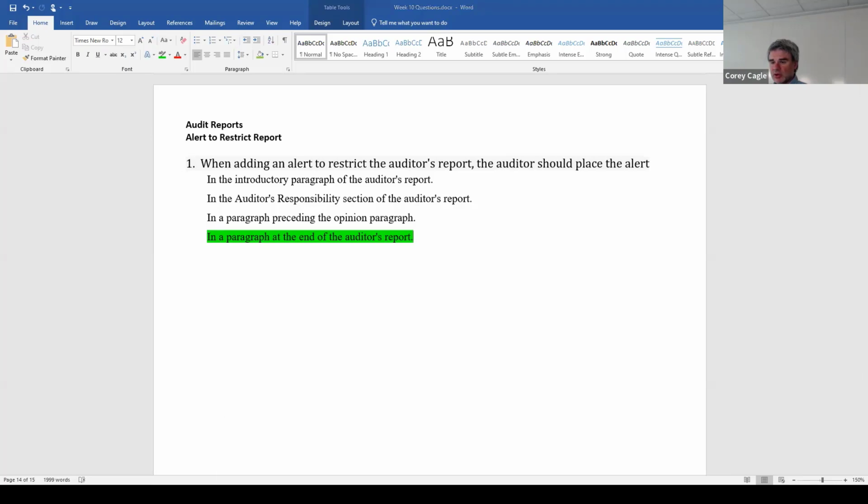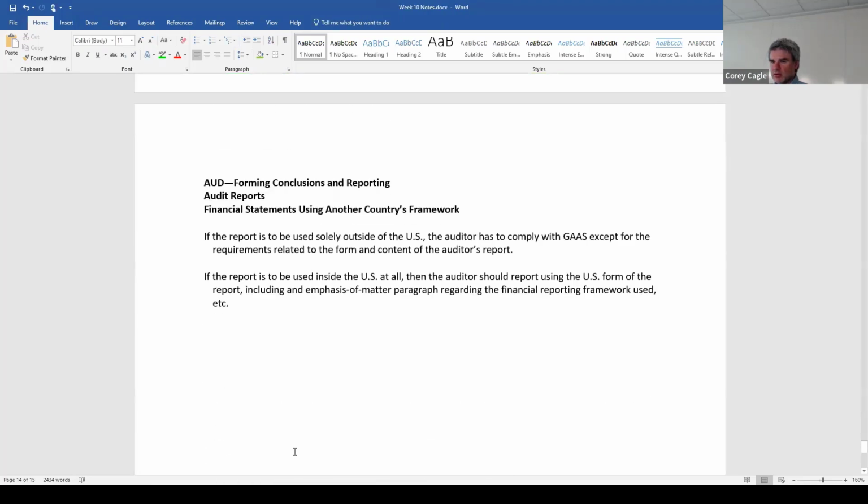And another really quick one. Financial statements using another country's framework. So we can really streamline this and say, if an audit report is to be used solely outside of the US, we, the auditor, have to comply with GAS except for the report itself. We can issue the report in accordance with whatever country's going to read it and understand it, right?